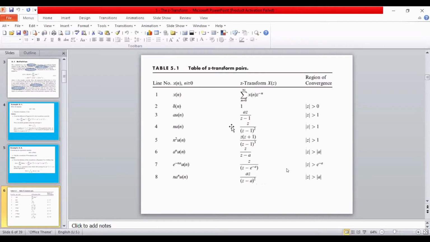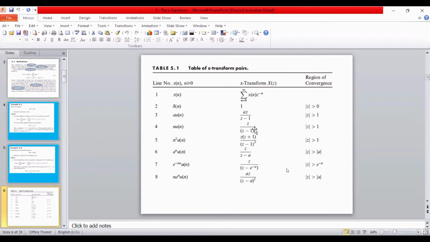Now, the idea is that we will need this table whenever we have to do the partial fraction expansion. So your goal will be to cut a complicated fraction into smaller pieces, and these pieces should look similar, should have the same shape as some of these members from the table. And then you have to go back from the Z domain to the time domain.